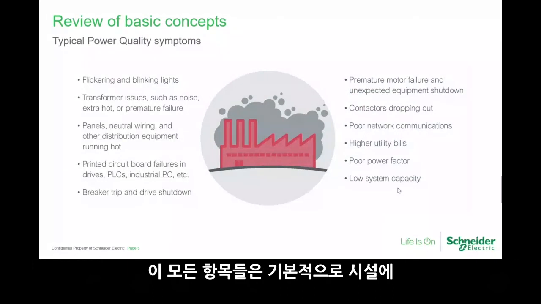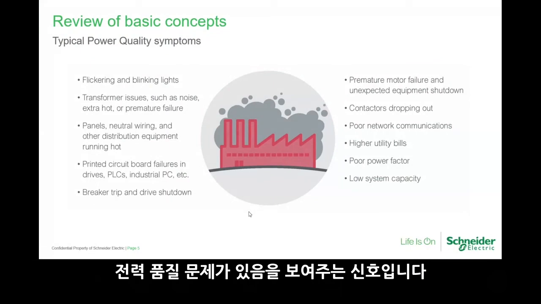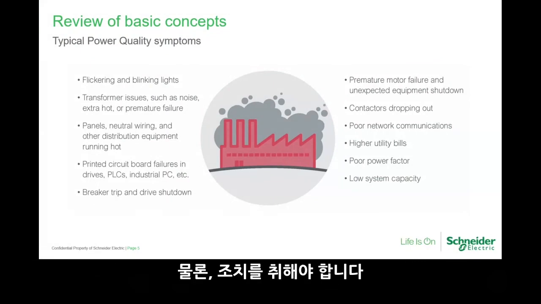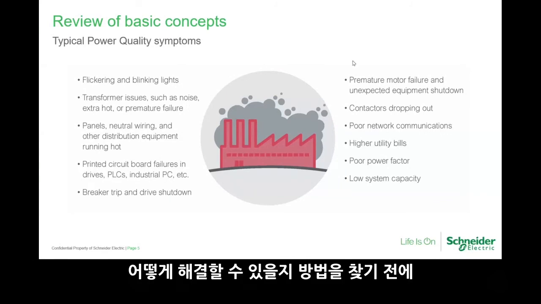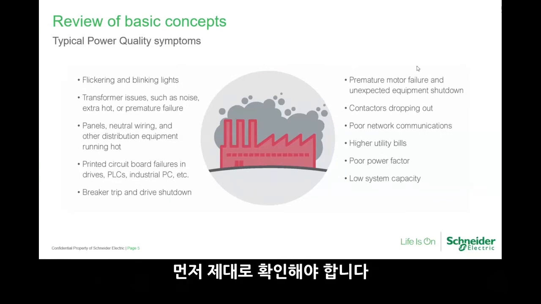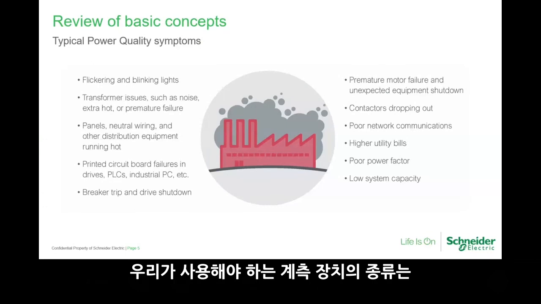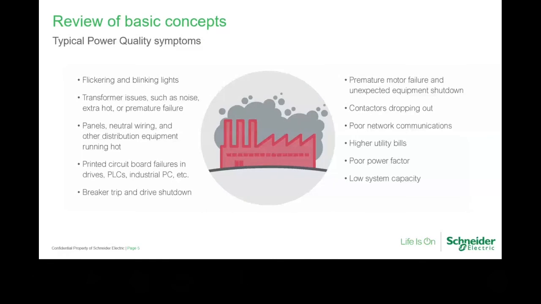All these things are basically signs telling you that the facility is having power quality problems. So we need to do something about it. Before knowing the best solution to apply, firstly we have to do the measurement. The kind of measurement we need is actually a power quality meter.